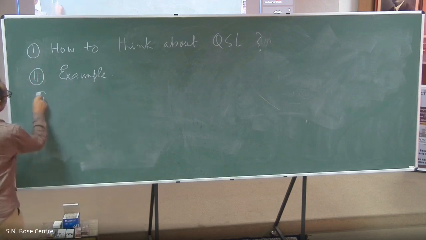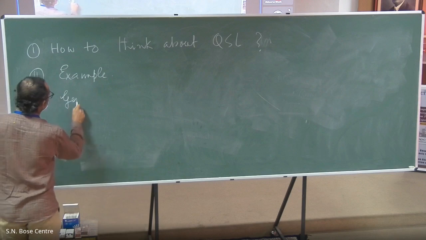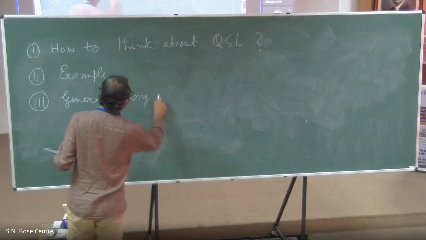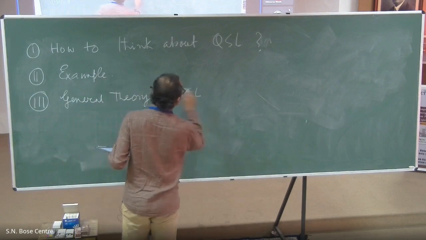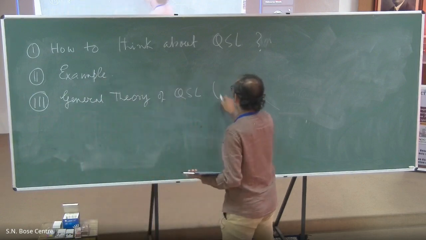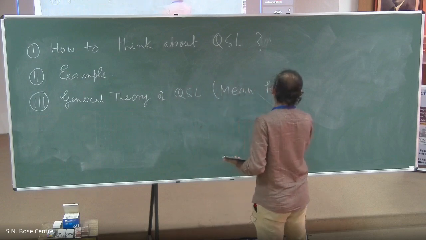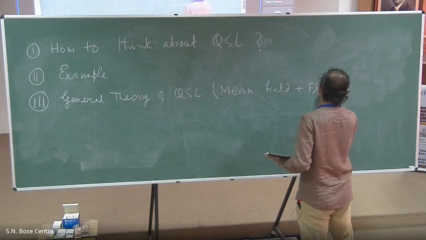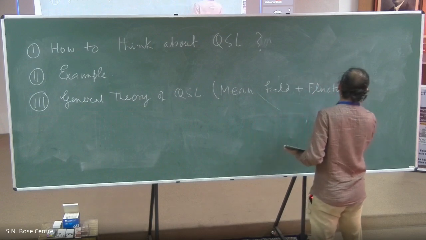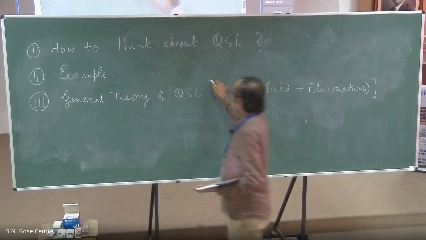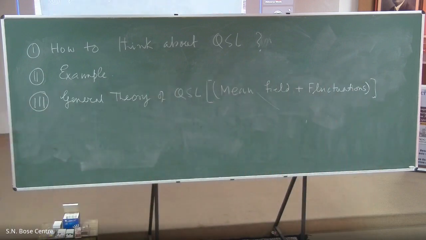And finally, how to generalize to a general theory for spin liquids, mean field plus fluctuations. Okay, so this is what I want to cover. Is this visible to everyone in this room?